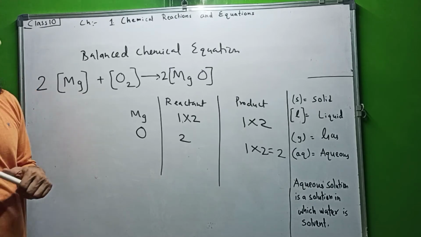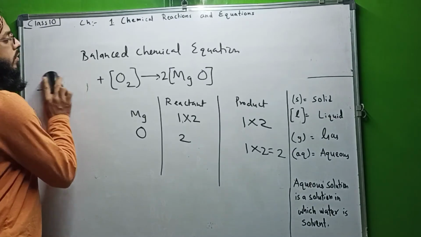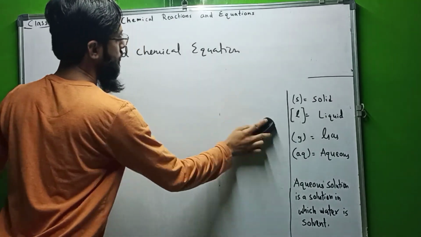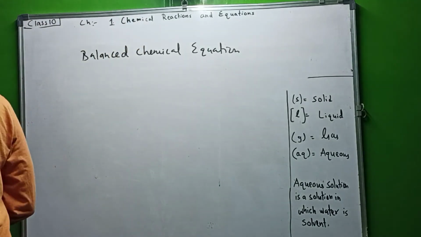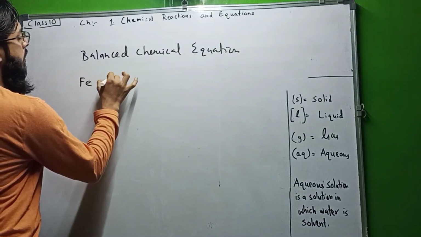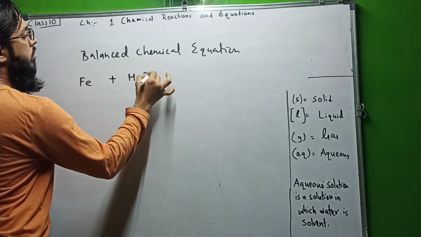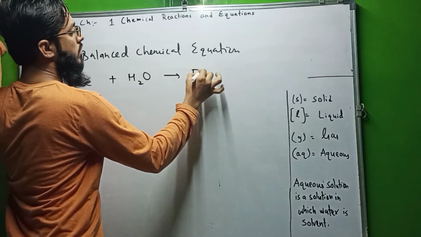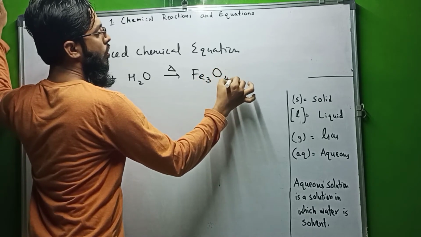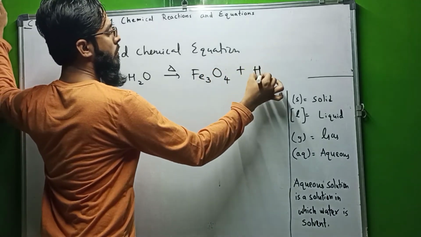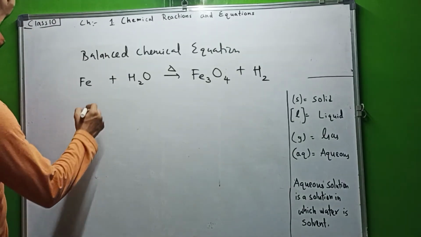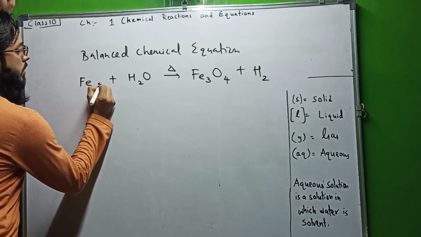Let's take another example. Fe plus H2O gives Fe3O4 plus hydrogen gas. Now let's depict it in terms of symbols.